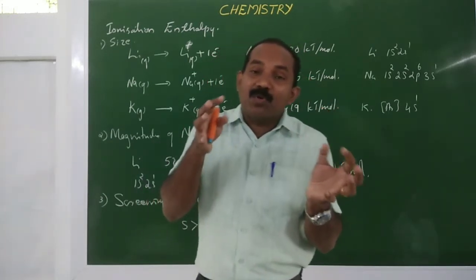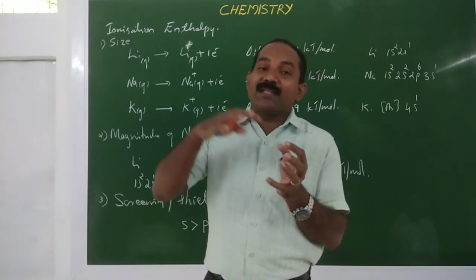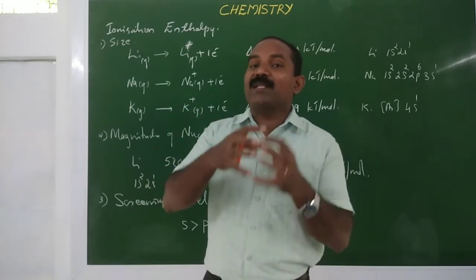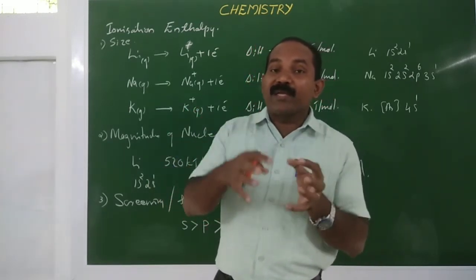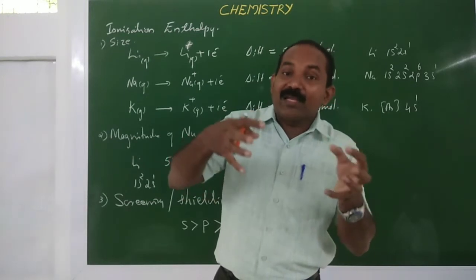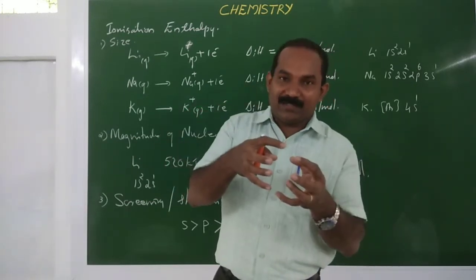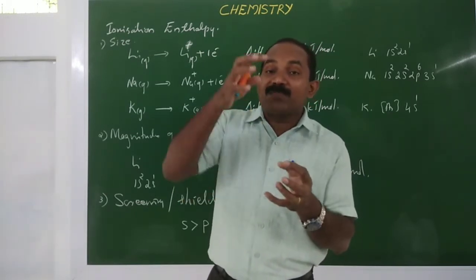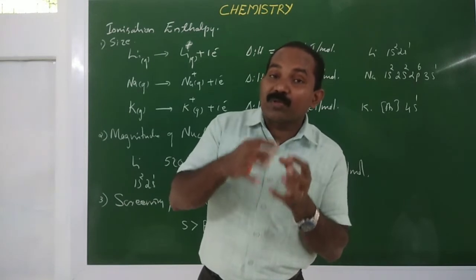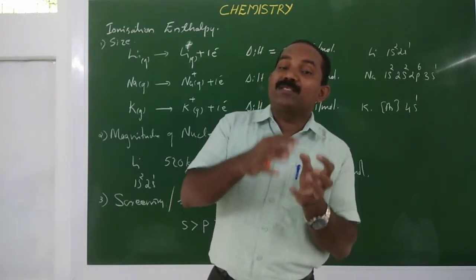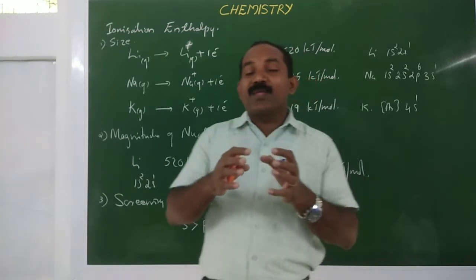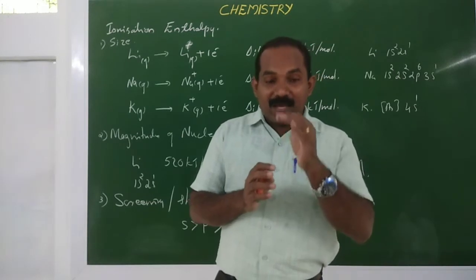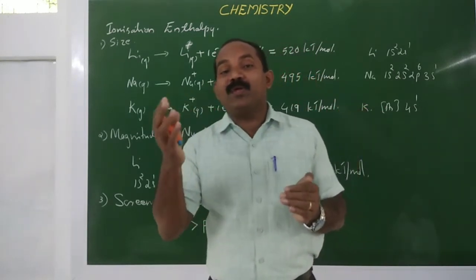So S electron is more close to the nucleus than the P electrons. That means S has more penetrating effect. Okay, more penetrating effect means the electron is more close to the nucleus. So what happens? If the electron is more close to the nucleus, it is difficult to remove the electron from this orbital. Okay, so the removal of an electron from the S orbital requires more energy than from the P orbital.